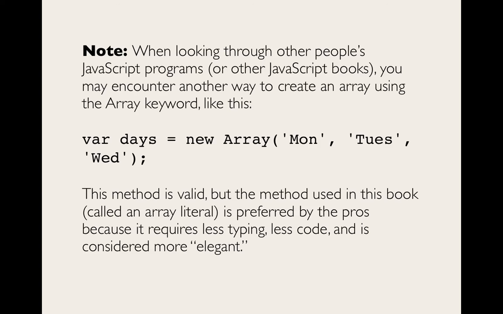Now, it's perfectly valid, but the method used in our textbook, which is called an array literal, is preferred by the pros because, hey, it takes less typing, less code, and it's considered more elegant. Nothing wrong with the new Array. In fact, you can almost create any of the different types of objects by saying new Array or new Date or whatever object you'd like to create.